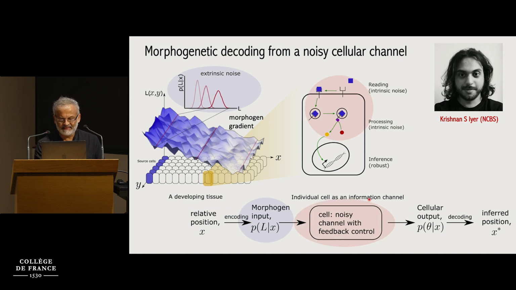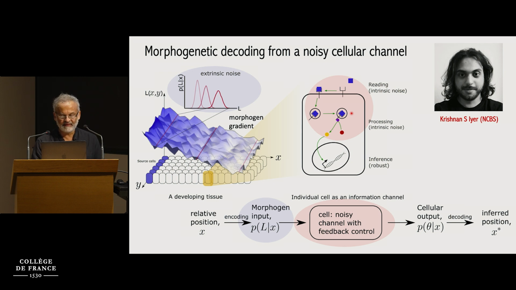Now, receiving cells then read and process this input to generate a meaningful signaling output, that is P of theta given X, shown here. The generation of this output involves a computation, which in turn involves the setting up of a chemical reaction network which reads and processes this information.